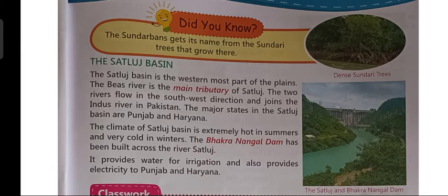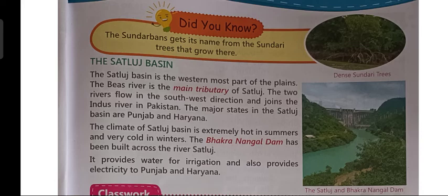So both river Beas and river Satlaj, after flowing through India, enter Pakistan and there they join river Indus which flows in Pakistan. And lastly children, the states that lie in the Satlaj basin are Punjab and Haryana. So these are the two states that lie around Satlaj basin.